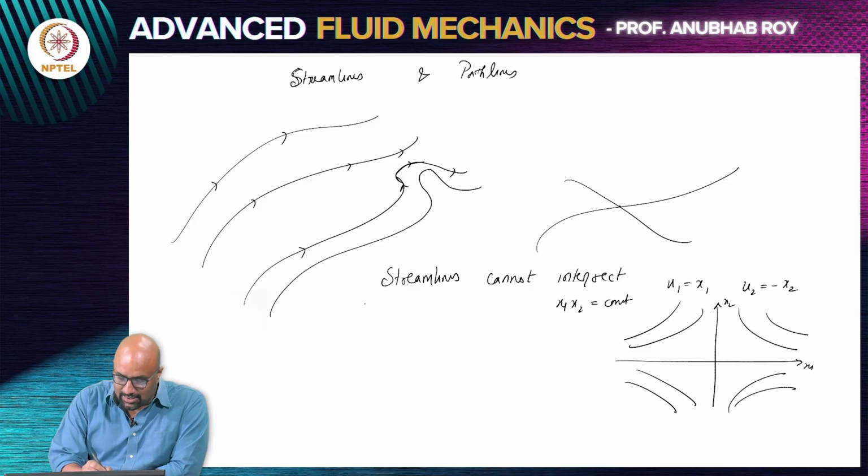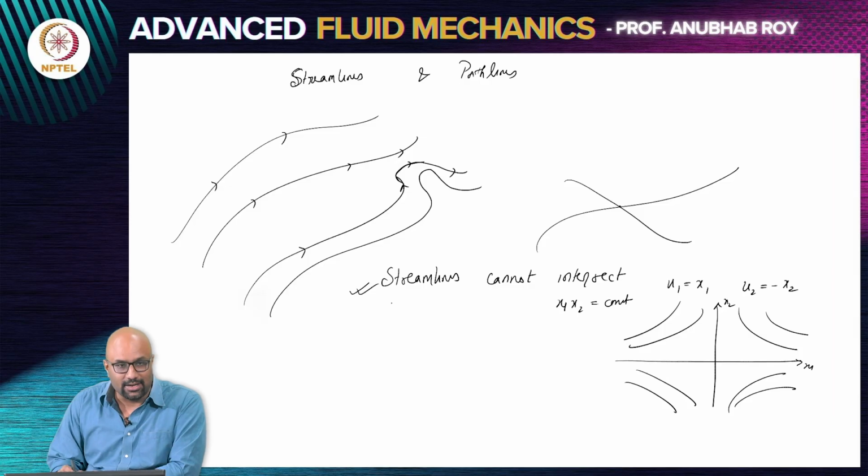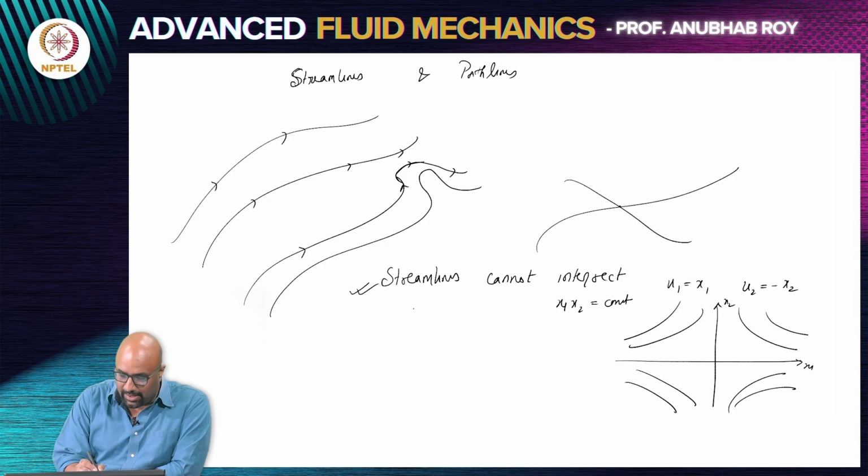So does that violate the statement which I just said, that streamlines cannot intersect? The statement is based on a physical ground that at the point of intersection you would have the velocity vector be indeterminate, because how do you draw two tangents at the same point? The exception is if at the point of intersection velocity goes to 0. So the intersection of streamlines would occur at points where velocity vanishes.